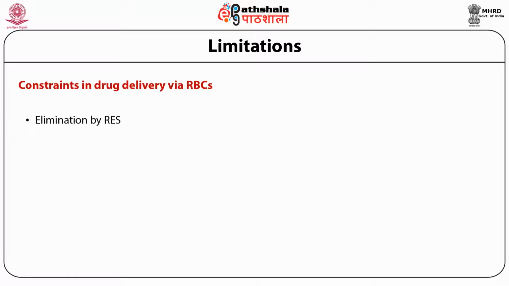Elimination by the reticuloendothelial system shortens circulation time. The erythrocytes are taken up by RES cells where degradation takes place, causing the former to release its contents. This eventually leads to incomplete drug delivery. Drug leaching: sometimes the entrapped drug may come out of the vesicular carrier, which may give a subtherapeutic concentration at the site of action.